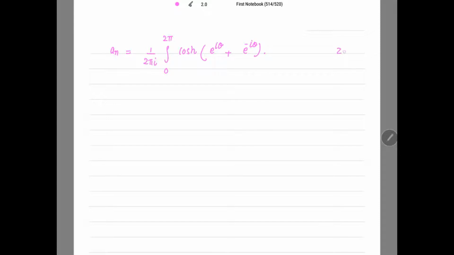You have to put z equal to e^(i theta), and in that you get dz equal to i e^(i theta) d theta. So my dz is i e^(i theta) d theta over z^(n+1), so e^((n+1) i theta).